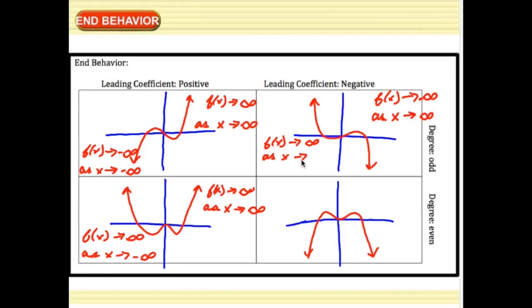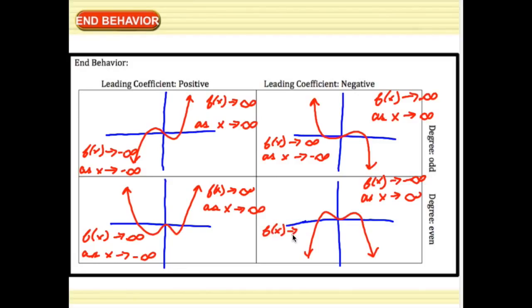And then lastly, we have a graph with a leading coefficient that's negative but has an even degree. And that shows us that the function approaches negative infinity as x approaches infinity, and the function approaches negative infinity as x approaches negative infinity.